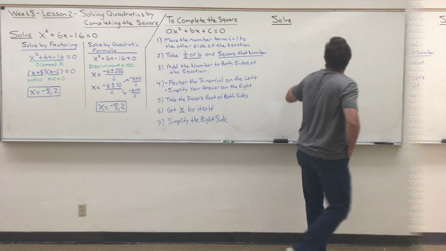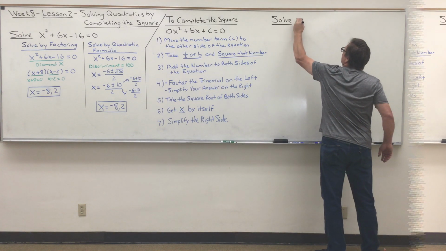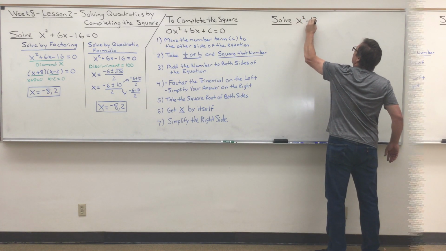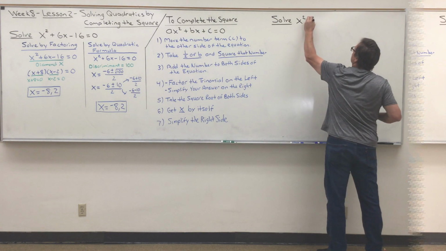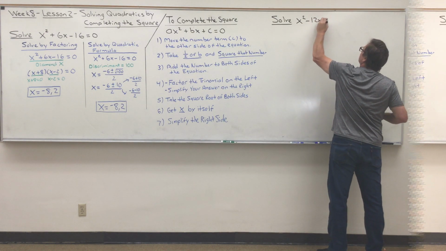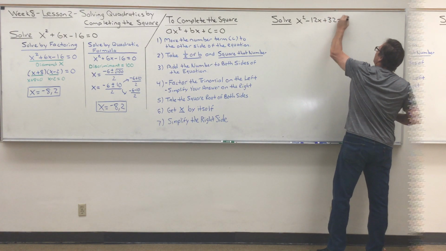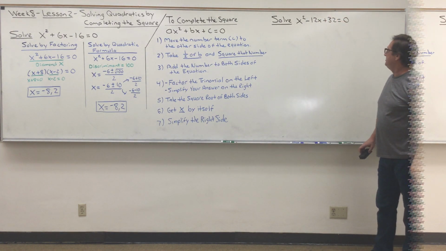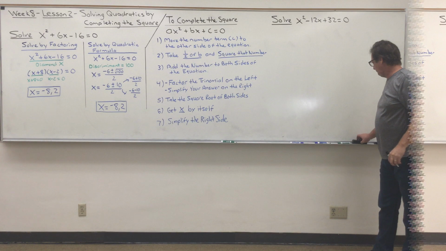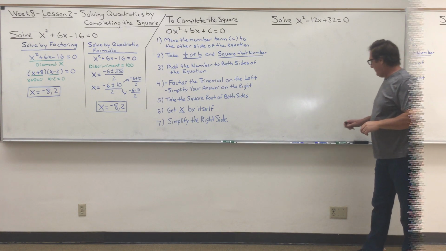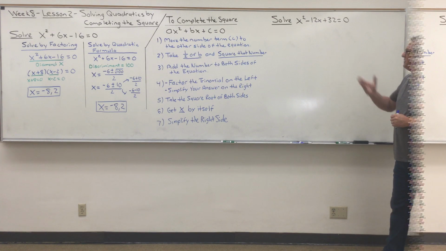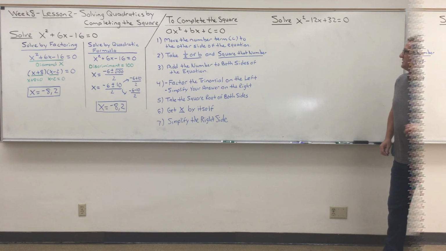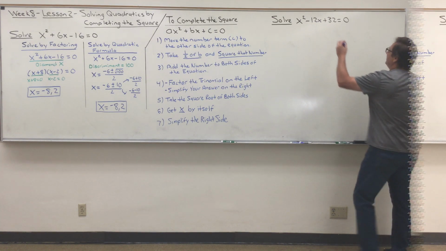So example 2 is going to be x squared minus 12x plus 32 equals 0. And let's go ahead and start our 7 steps. We'll do it a little bit faster this time. Move the number term over.